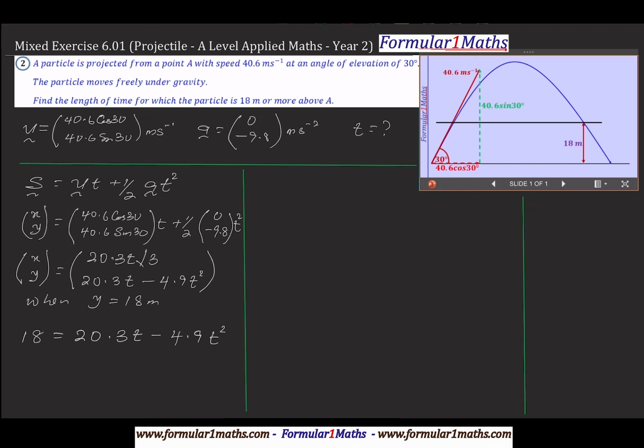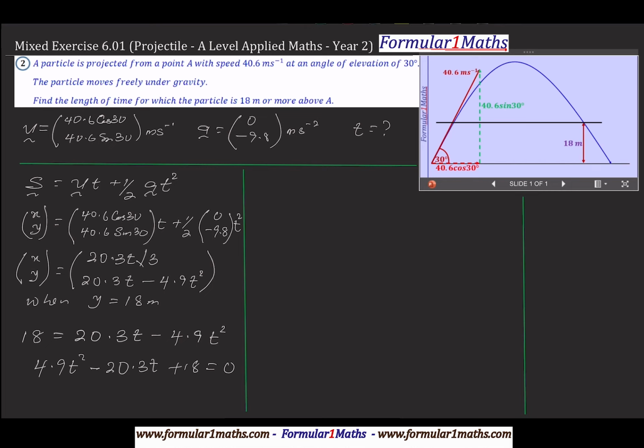If you rearrange this equation to make the coefficient of t squared positive, you end up with 4.9 t squared minus 20.3 t plus 18 equals 0.